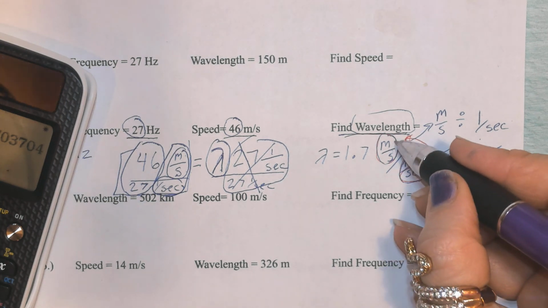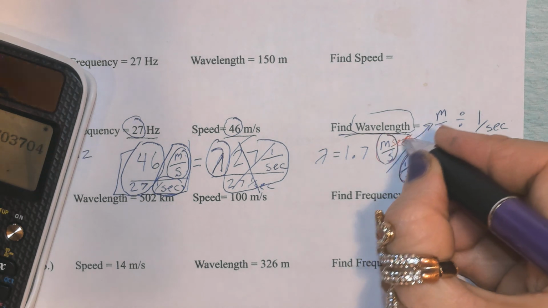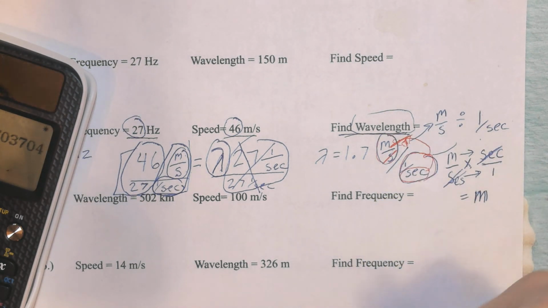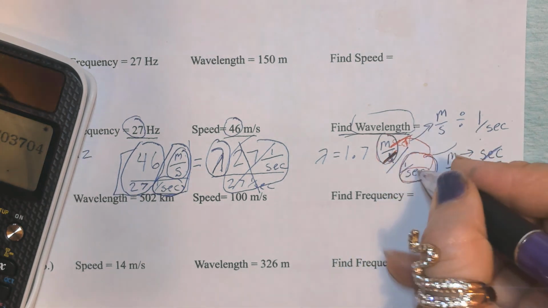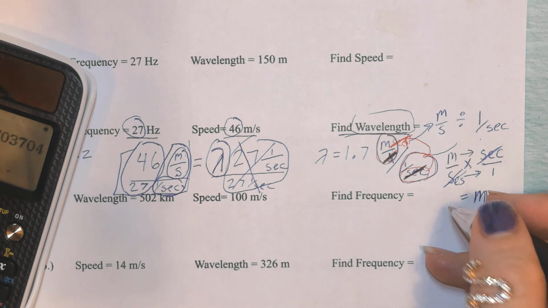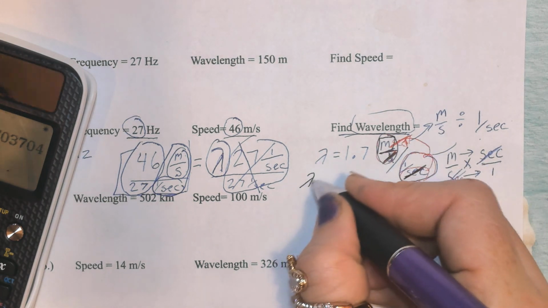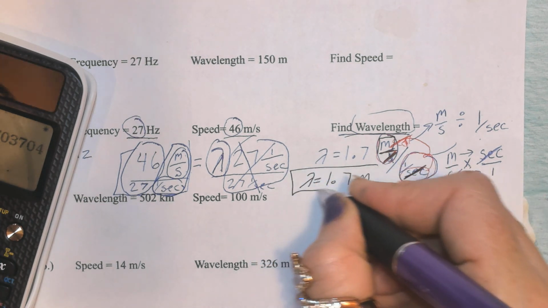So then seconds moves up to the top because of keep, change, flip, and you'll know that they'll cancel out with whatever is in the denominator. In other words, the denominator upstairs cancels out the denominator downstairs when they are the same. So I simply get meters. My wavelength is 1.7 meters.